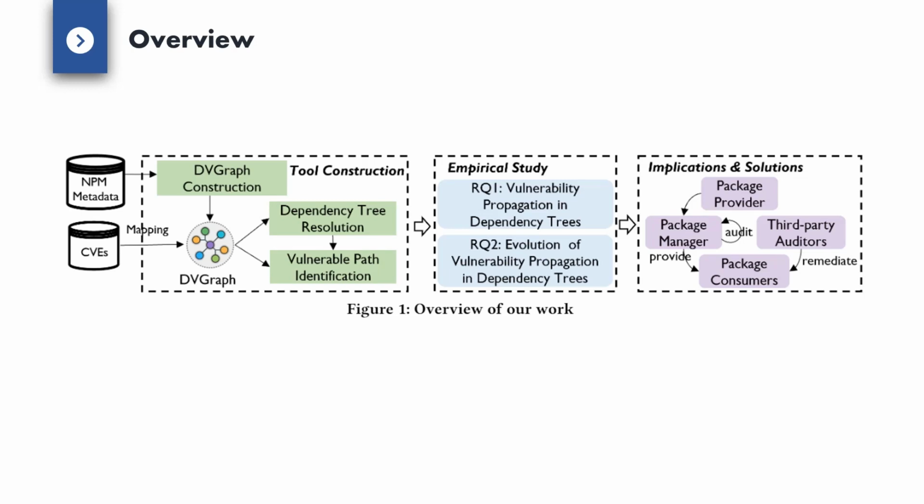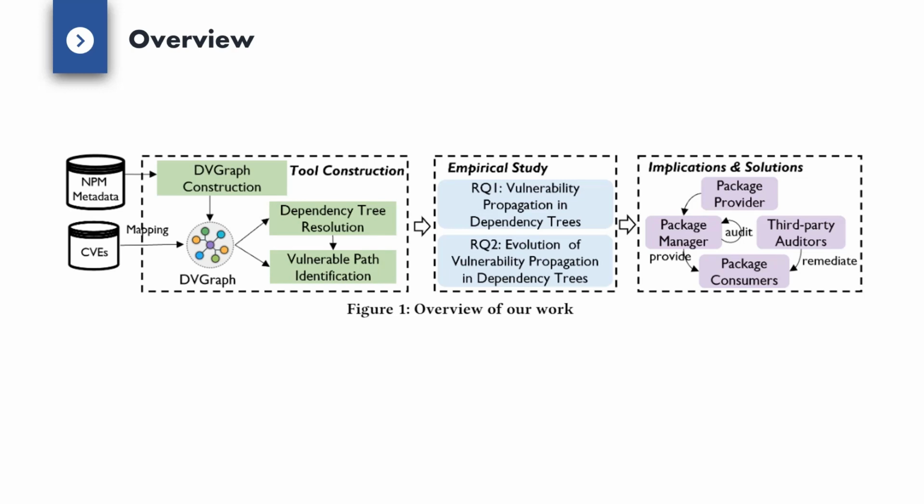Therefore, to demystify the vulnerability impact and its evolution in detail with NPM-specific dependency tree resolution considered, we first construct a knowledge graph, DV graph, to fully capture the dependencies and vulnerabilities in the NPM ecosystem, and based on this, we also propose an algorithm, DT Resolver, based on DV graph to simulate the process of NPM dependency tree resolution with no physical installation required, which can not only derive the dependency trees of user projects, but also identify all vulnerabilities and corresponding dependency paths that introduce these vulnerabilities.